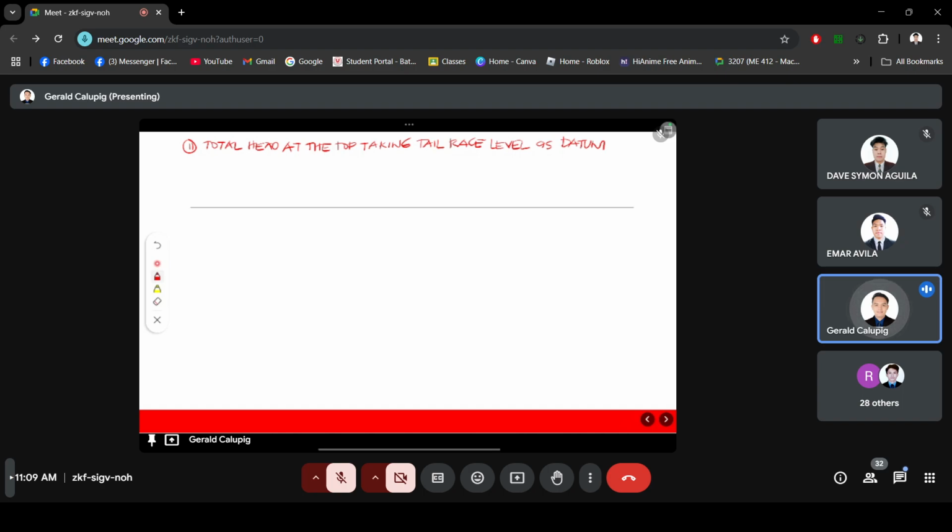Since we need to have the total head at the top of the drop tube, we need to have the total head at point two. So the total head at point two is equal to P2 over the specific weight plus V2 squared over 2G plus Z2.